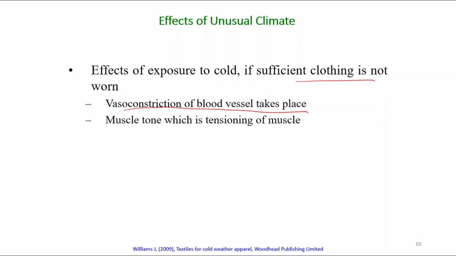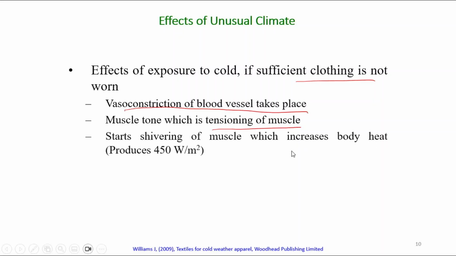Muscle tone, the tensioning of muscles, will start; that is the onset of shivering. The shivering of the muscle comes with increased body heat production. So, the body physiology will try, through muscle shivering, to enhance the body heat production.